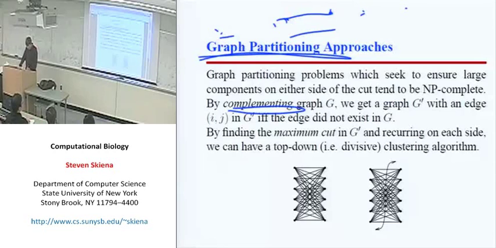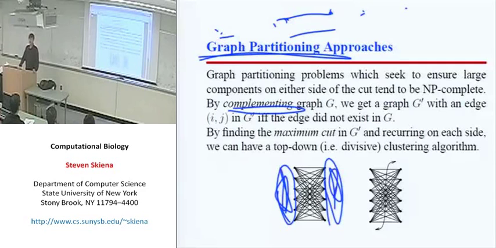In this case, what do we want? If we had two clusters in the similarity graph, both sides would be very strongly connected, right? If we complement them, what was very strongly connected now has no edges. And the gap between them, which used to have few edges, now has a lot of edges. Does everybody see that? Now I claim, if I take the complement graph and look for not the minimum cut, but the maximum cut, this will get me closer to what I want.